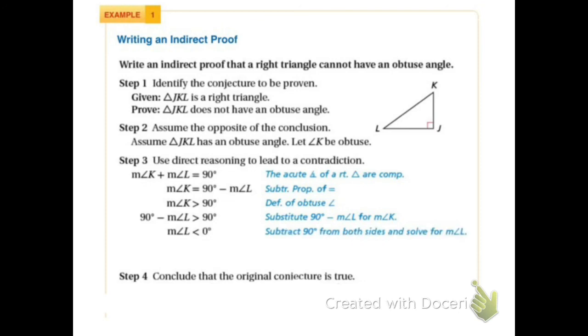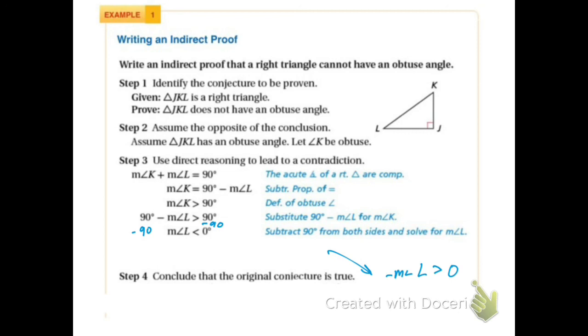Then we're going to say, well, let's subtract 90 degrees from both sides. 90 minus 90 is 0. And this would really give you a little bit of math here. The negative of the measure of angle L is greater than 0 degrees.